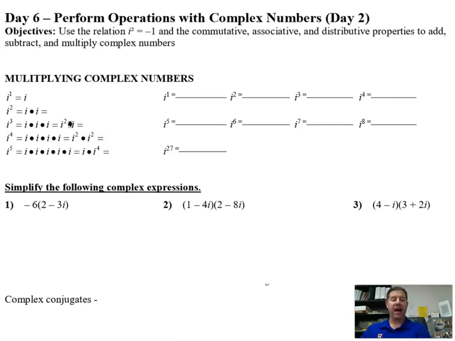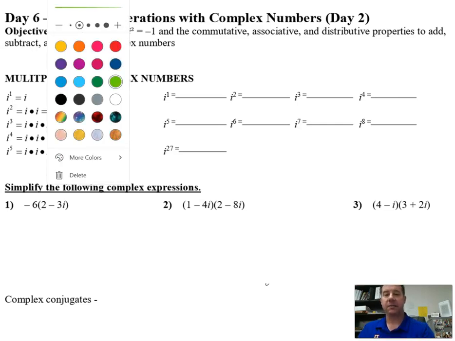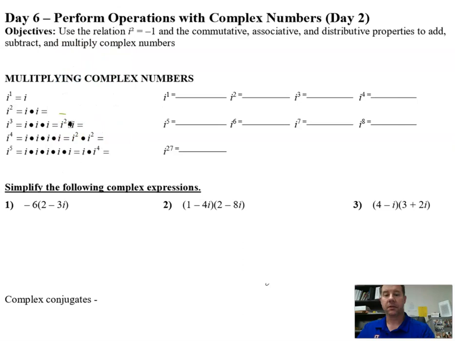We've already talked about if you have i to the first, that's just i. And we talked about yesterday i squared, which is technically i times i. That is defined as -1. Okay? i to the third, which is i times i times i, or you could write that as i squared times i.